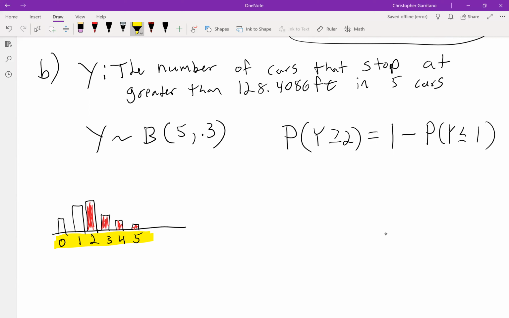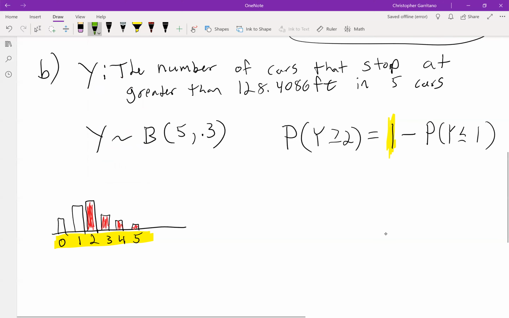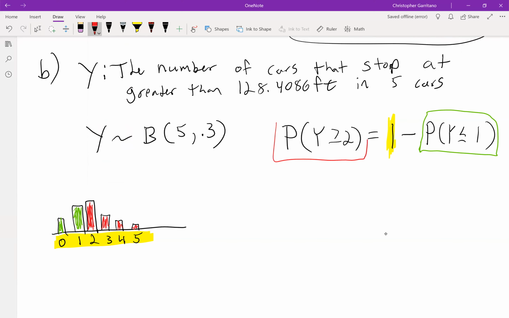Okay? So that's where this 1 comes from. So I'm taking the total probability and I'm carving out what I don't want to count. And that is, I'm carving out these green bars. All right? So in total, we have 1. We're subtracting out the green. And what will we be left with? We'll be left with the red. All right, so that's what we want to do here.